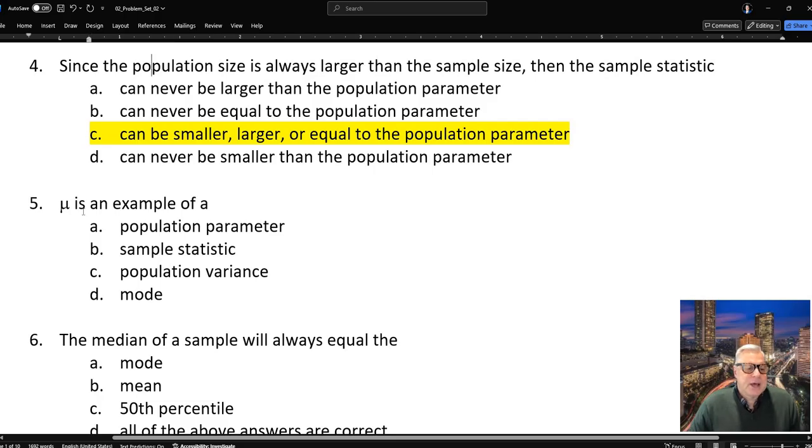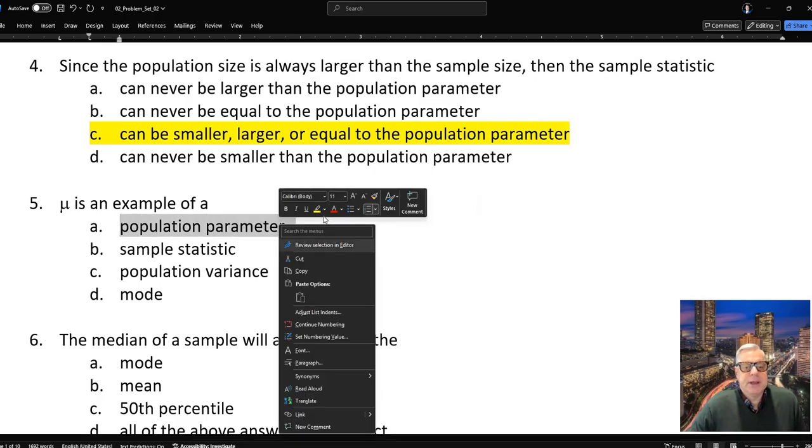So this is the sign for mu, and whenever we use Greek letters we deal with parameters. So that is an example of a population parameter, and specifically the population mean.